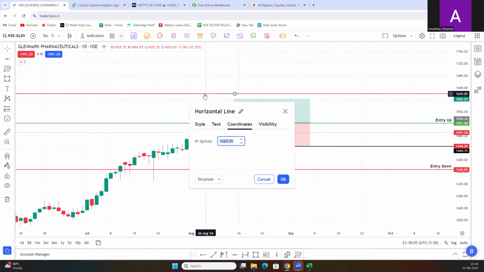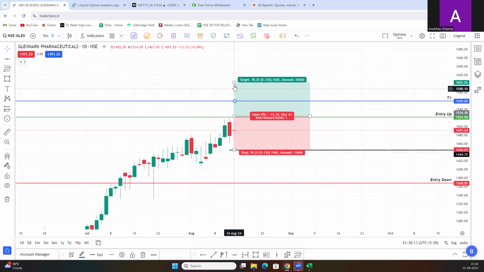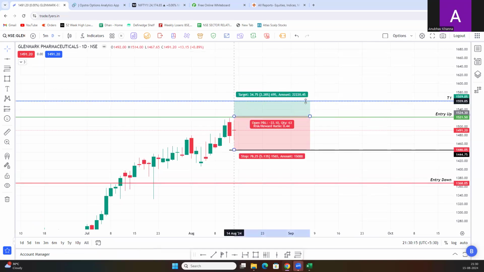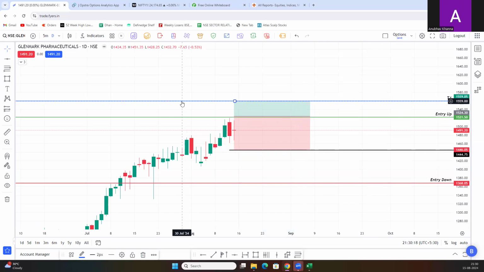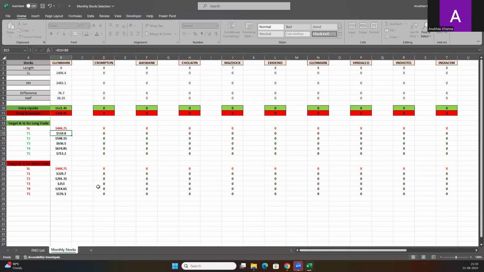This is going to be our first target. Our target one is not giving us a 1:1 trade, so we would definitely keep setting for target 2 in this case. What is our target 2? 159.